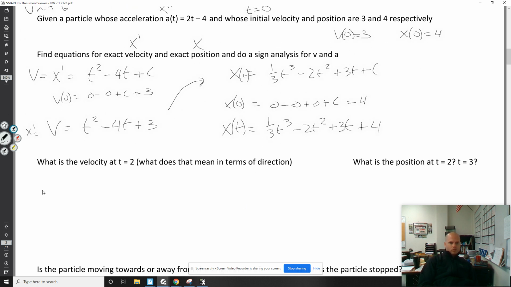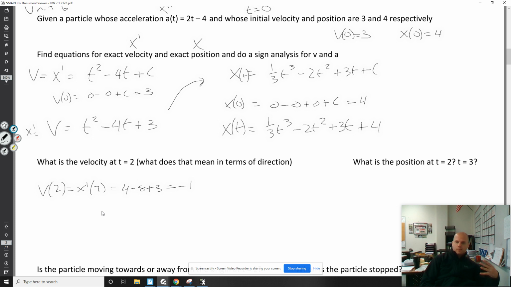What's the velocity at t equals 2? What does that mean in terms of direction? Well, velocity at 2 is the same as x prime at 2. That's 4 minus 8 plus 3. That's negative 4 plus 3, which is negative 1. Okay? That means it's the rate of change of position. It's negative.